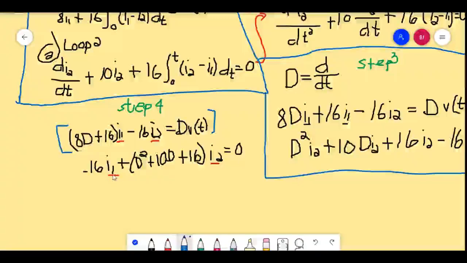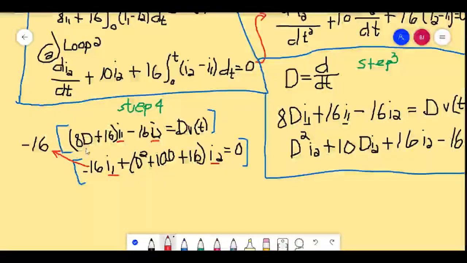We actually multiply the first equation with the coefficient of the variable we're going to eliminate. So in this case, we are going to eliminate I1. So this is its coefficient. So we'll multiply the first equation with negative 16. And then the one at the bottom, we'll multiply it with the coefficient of I1 from the first term.